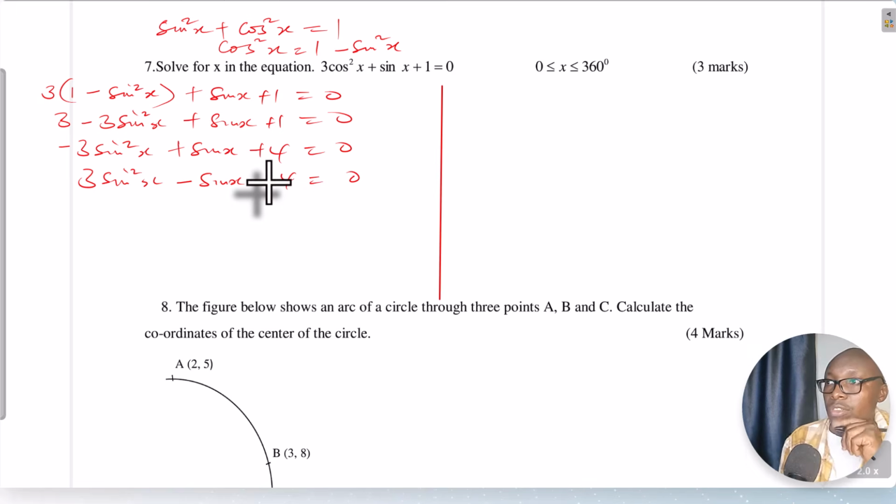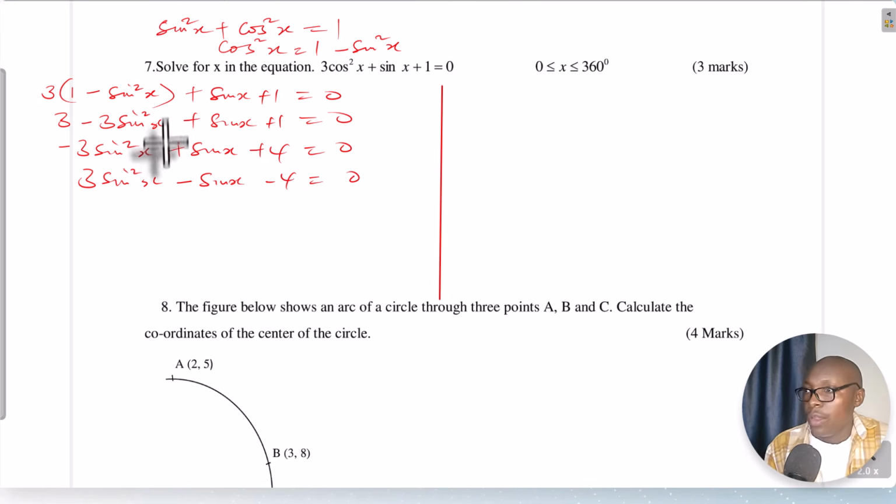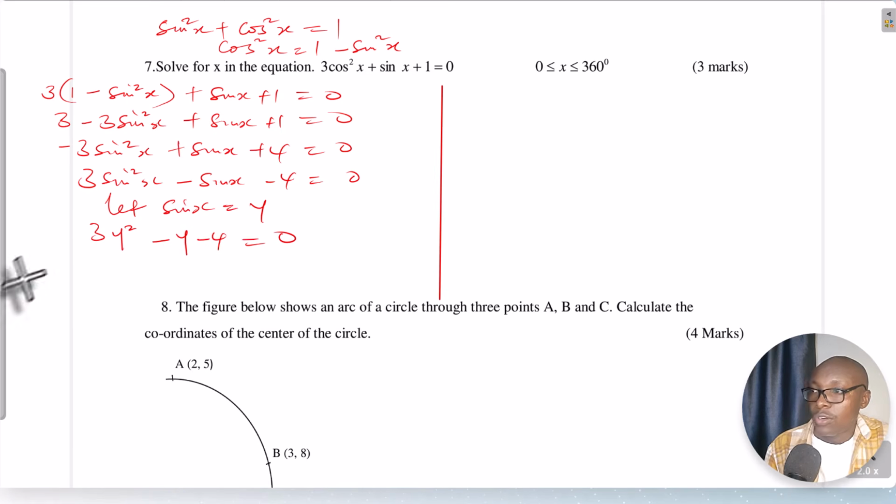Now you can see that this resembles a quadratic equation, and to solve it easily, you can let sine x be represented by y, so that now you'll have 3y squared minus y minus 4 is equal to 0. You remember after getting the value of y that you had assigned y to be sine x.